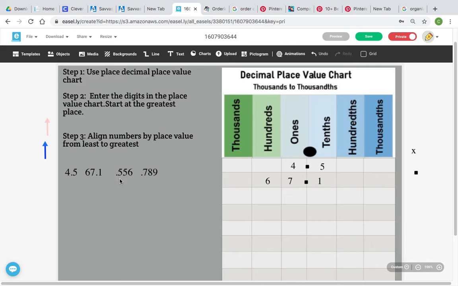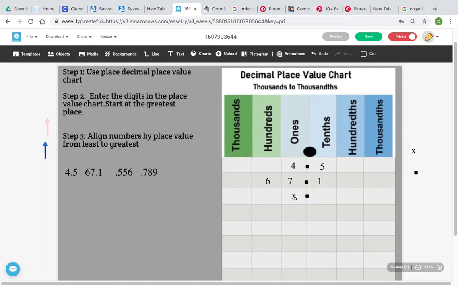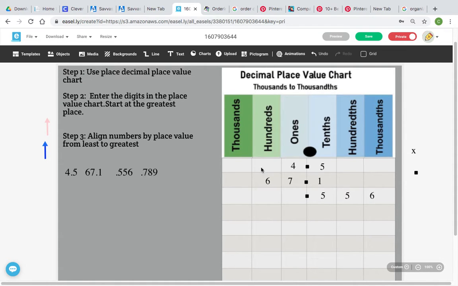Then my next number, which is decimal 556. Then my last number, decimal 789.